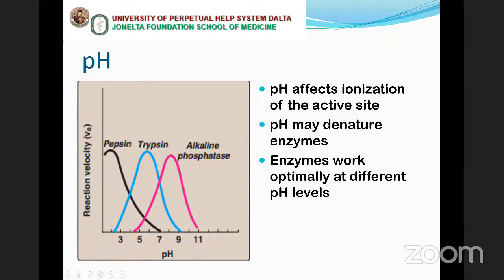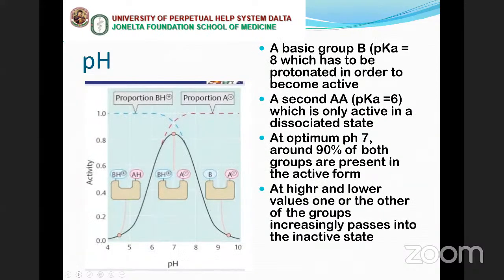Every enzyme would behave this way, such that, so a basic group, for example, your pKa would be 8. It has to be protonated in order to become active. Another would have pKa 6, which is only active in a dissociated state. Optimally at 7, so around 90% of both groups are present in the active form. Thereby, it's at its peak.